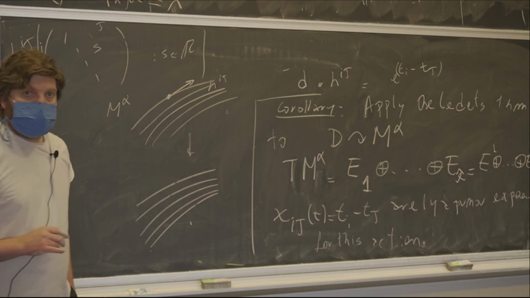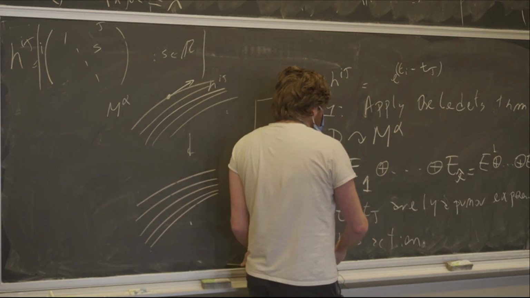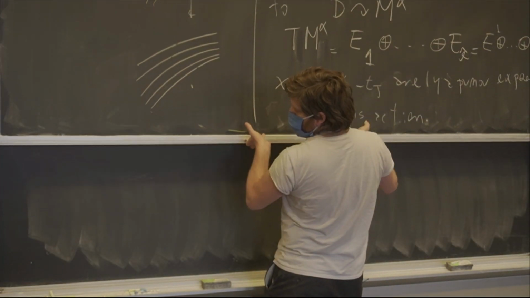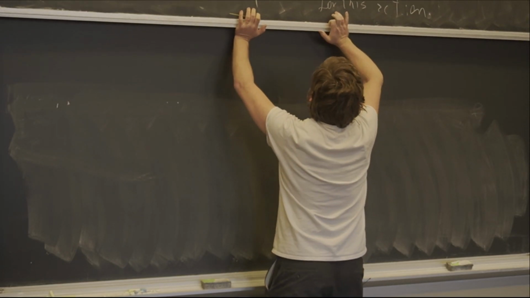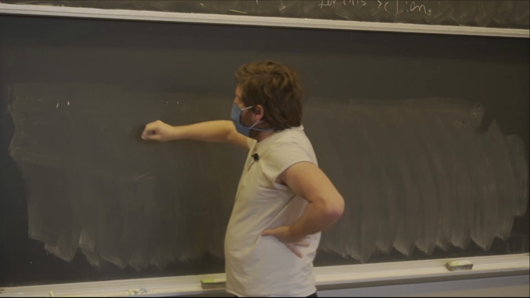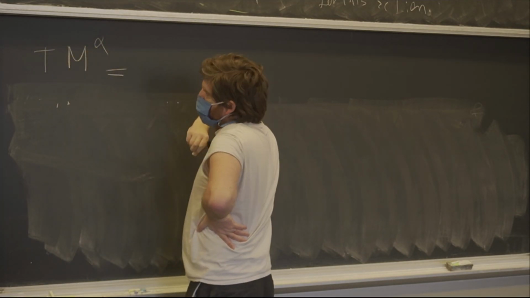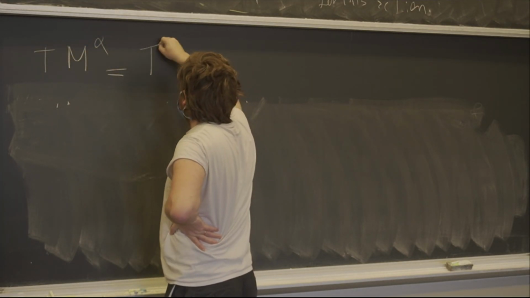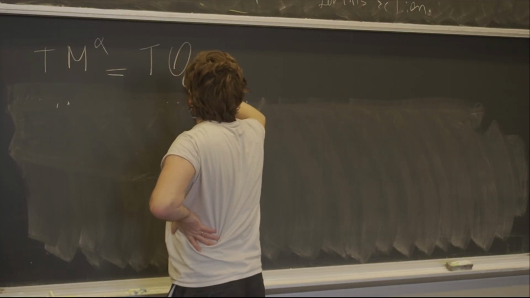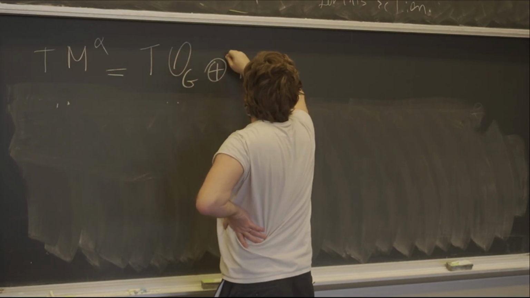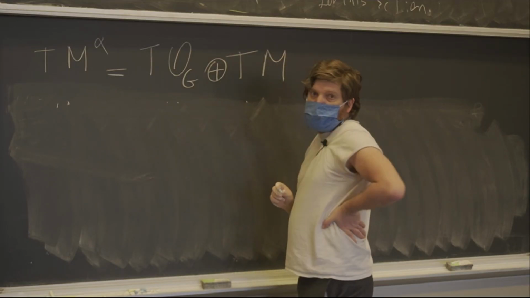Okay? And actually, if I go a little bit finer onto this analysis, I see that T M alpha naturally splits, first of all, into the tangent to the orbits plus the tangent to the M direction.